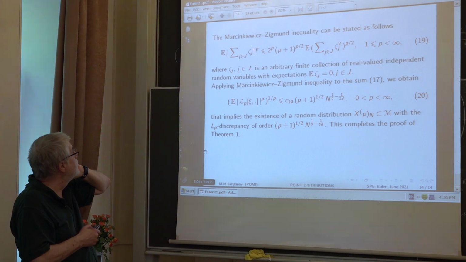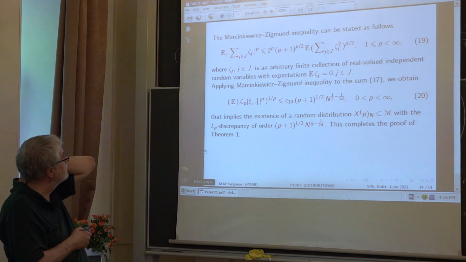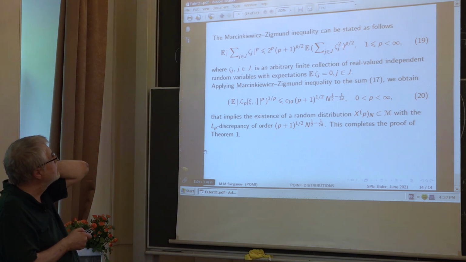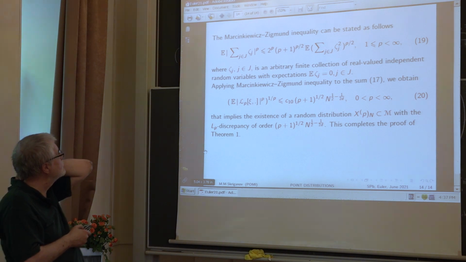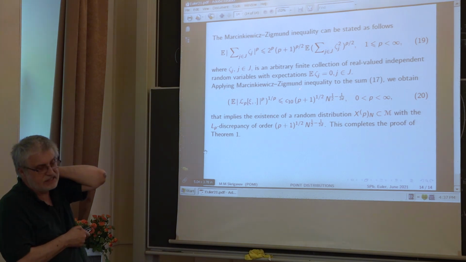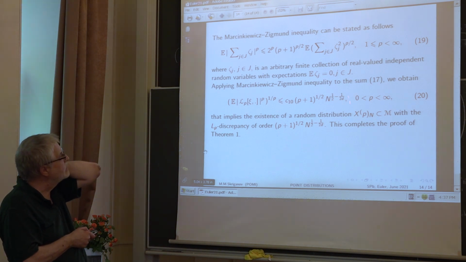If we have a sum of independent random variables, then the expectation of this sum can be estimated like this, with a precisely given constant. If we apply this inequality, we obtain that the expectation of the discrepancy as a random variable can be estimated by this thing.